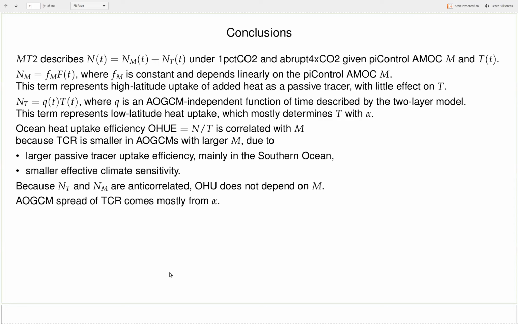But I think there's various evidence that it's the control strength, and maybe the strongest evidence is that you still get this correlation in the passive tracer uptake experiment, where there is no climate change and the AMOC is not weakening, but you still get the same effect. And I don't think that the climate sensitivity part, the alpha part, is related to the weakening of the AMOC, because it isn't an effect that appears specifically in the Atlantic. As you saw, it's all over the place. It's particularly a tropical effect, but certainly not in the Atlantic or the North Atlantic specifically.